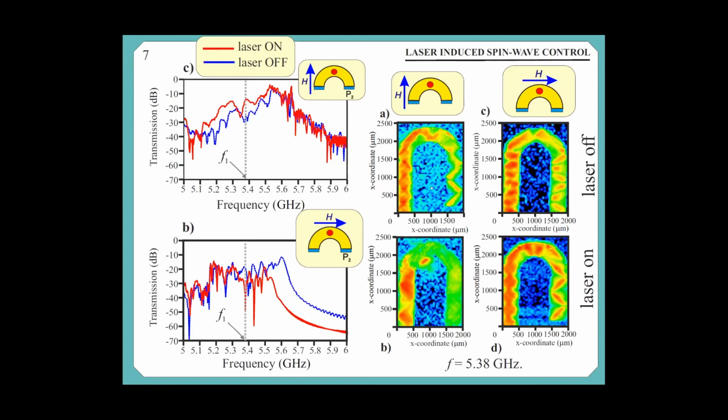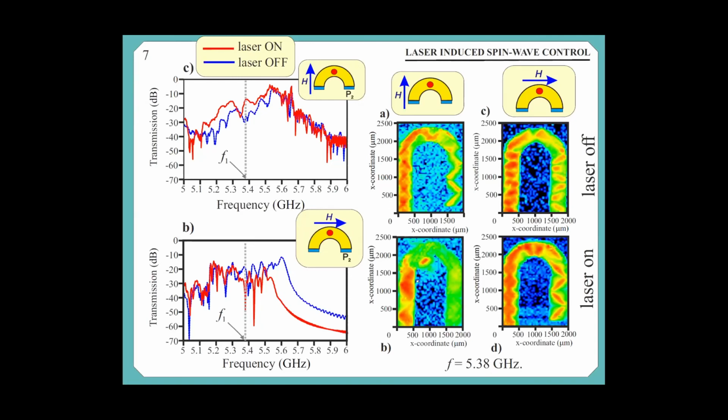In the right part of the slide, we demonstrate distribution maps of the spin wave intensity obtained by Brillouin light spectroscopy method at the excitation frequency of 5.38 gigahertz with the application of laser radiation.